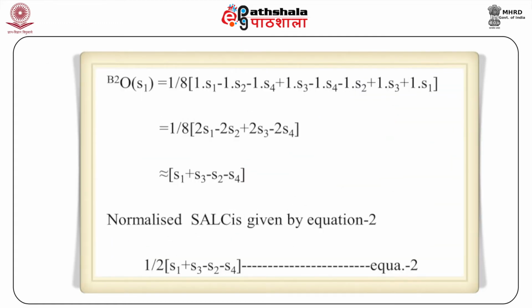Therefore, the result of the operator corresponding to B2 can be written as S1 plus S3 minus S2 minus S4, and the normalized SALC is given by equation 2, which is 1 by 2 S1 plus S3 minus S2 minus S4.